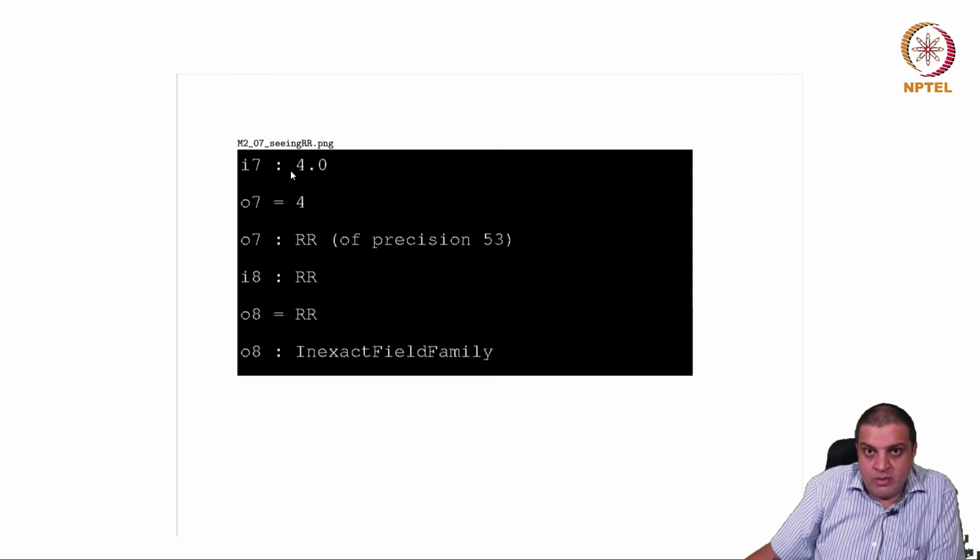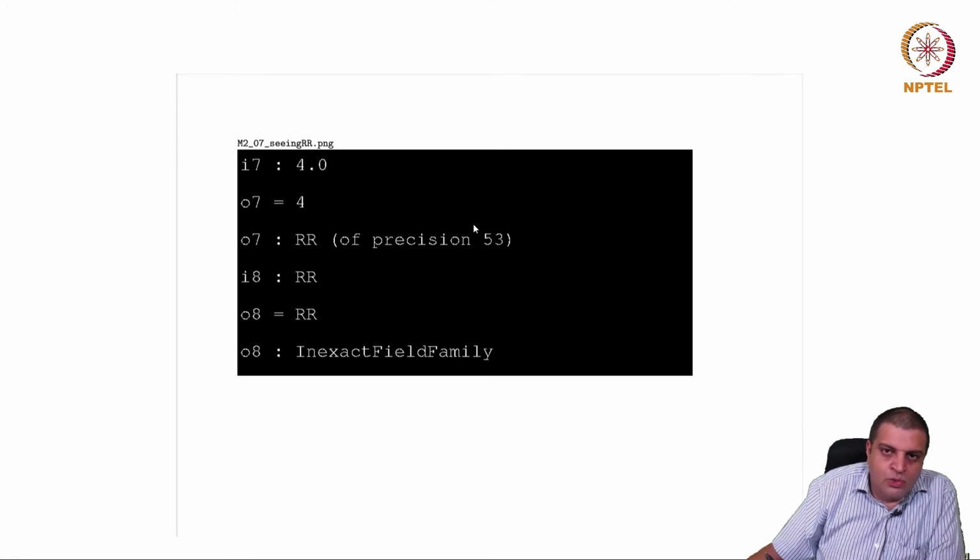Okay, so now we come to something new. So real numbers, I type 4.0. So it again says it's 4, but it's not just integer 4. It says it is a real number. RR denotes real numbers, but this time there's a difference. It says of precision 53.